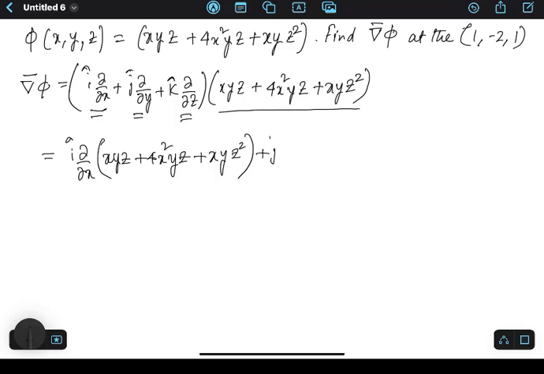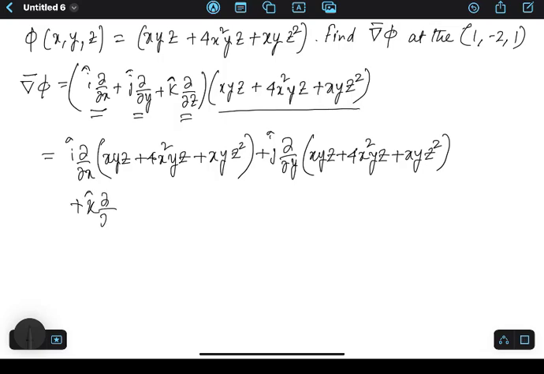Then I have j del y, which will also act on the whole scalar quantity xyz plus 4x square yz plus xyz square. Then I have the k del z of xyz plus 4x square yz plus xyz square.